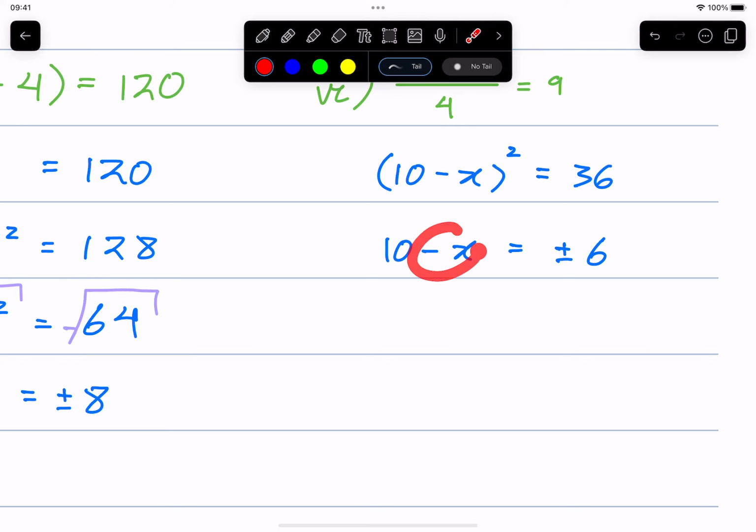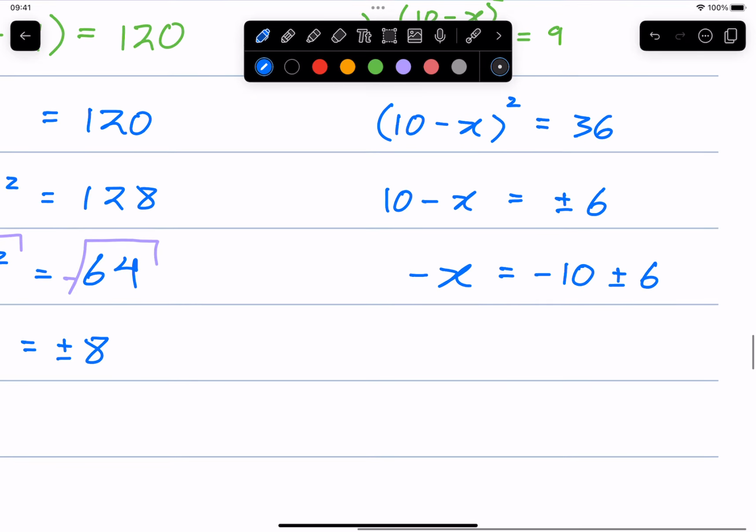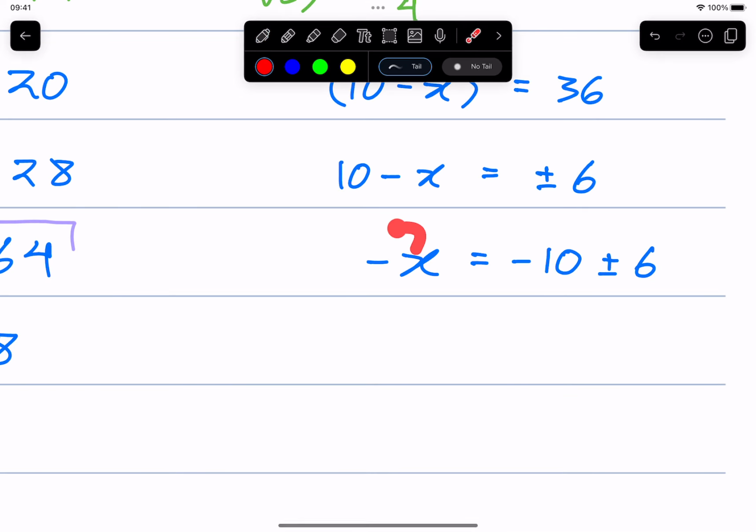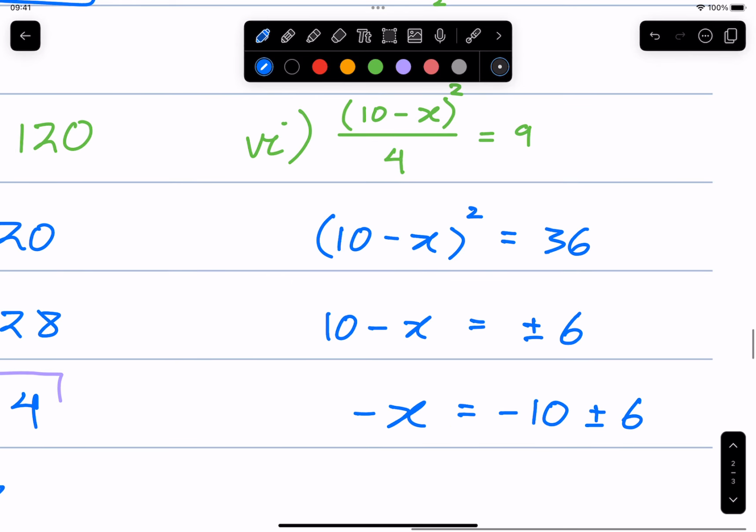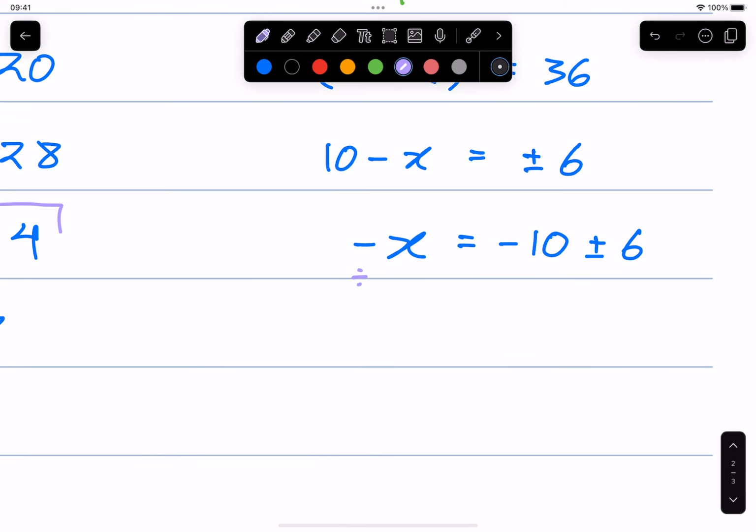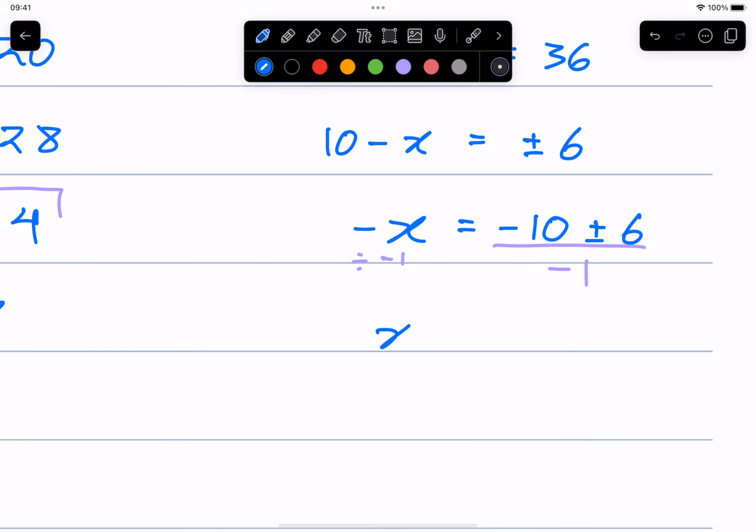Now this last one, I've made it a negative x. You'll see how this affects the problem. This is going to be negative x equals negative 10 plus minus 6. But now, to make this a positive x, we're going to divide everything by negative 1. And because of that, it becomes a positive x. The negative 10 will become positive 10.